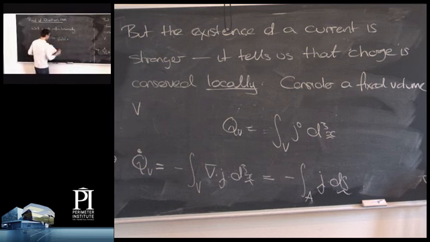Okay, so we take an arbitrary collection of fields. Under the symmetry they're going to transform to some new collection of fields. But because this is an infinitesimal symmetry, it's going to be fairly close to where we started.